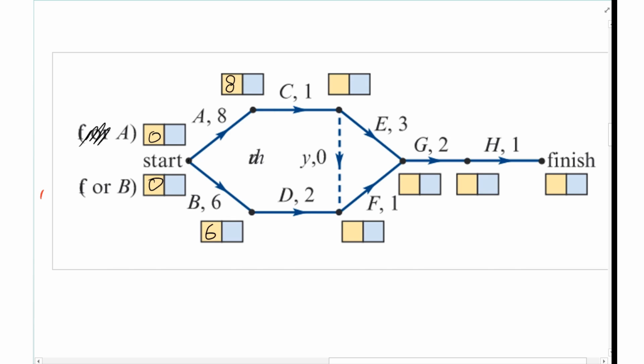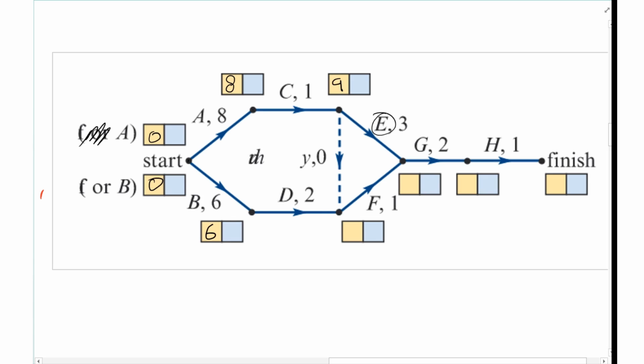So that means I put 6 here. I come across 1 here. Okay, so I've got 9. So before I can start activity E, which is here, I've got to finish activity C, which means I've got a total of 9. So I've got 8 plus 1.